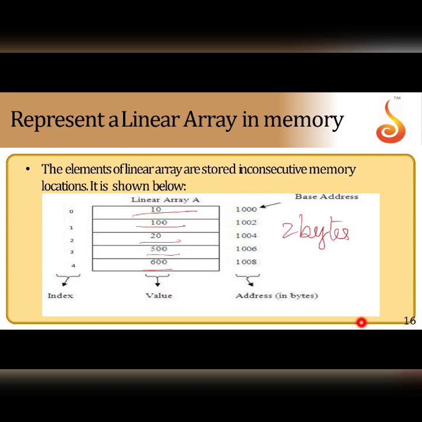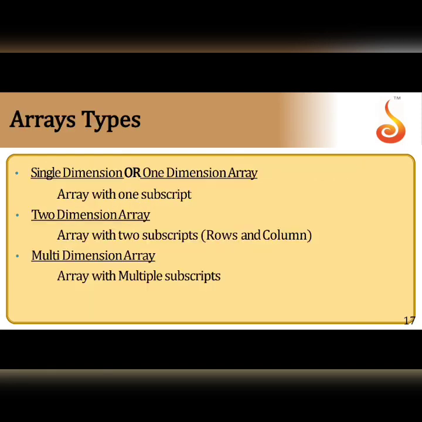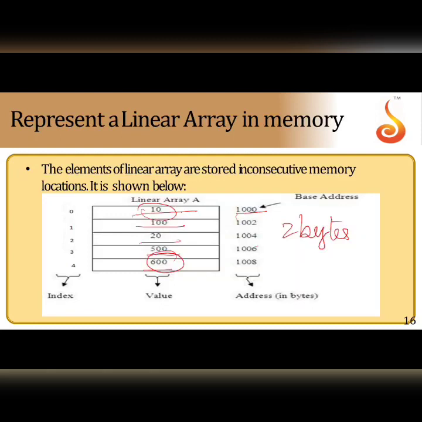Yes, it starts from 1000. So 1000 and 1001 would be 2 bytes, that is the first element, a of 0. The 10 is stored in that, then similarly the remaining positions. Each element is stored in 2 bytes of memory, and you can see that these are continuous memory locations.